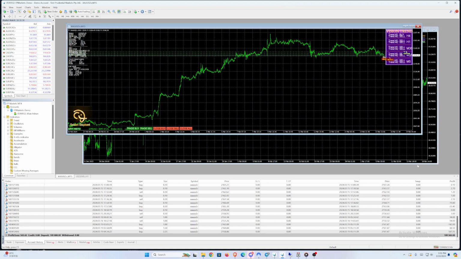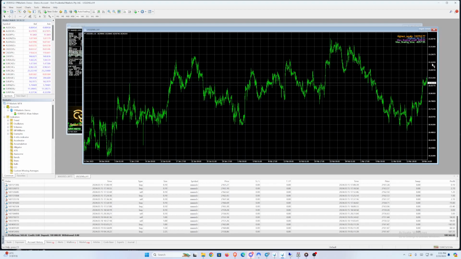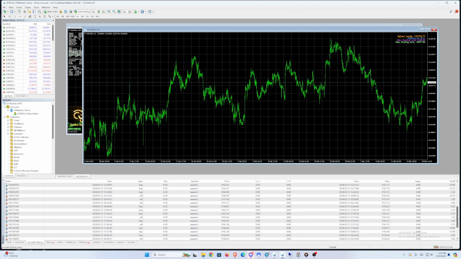Then after a while it will show me the maximum floating loss with this EA. Right now it's quite high, around 4,260. And the profit so far has been $587.